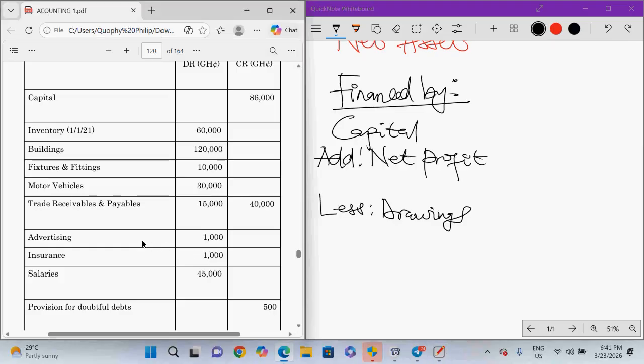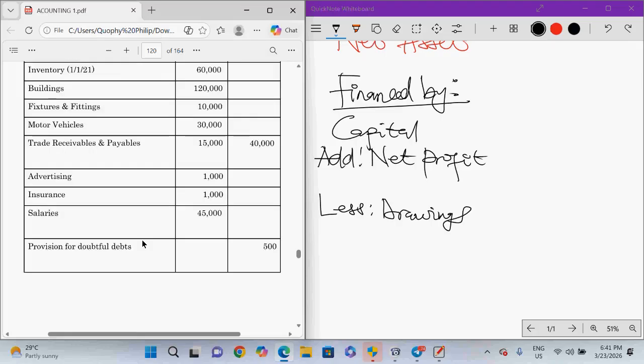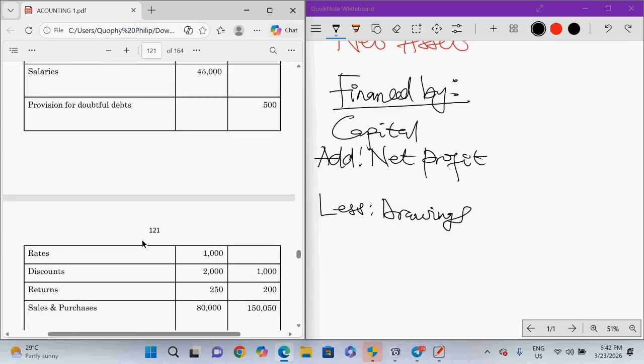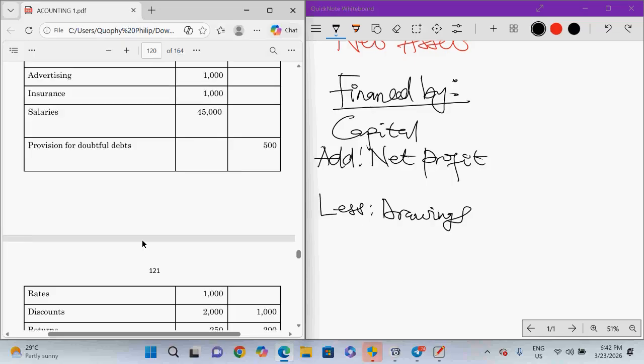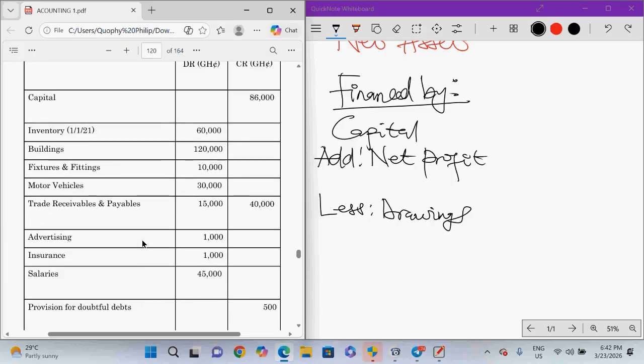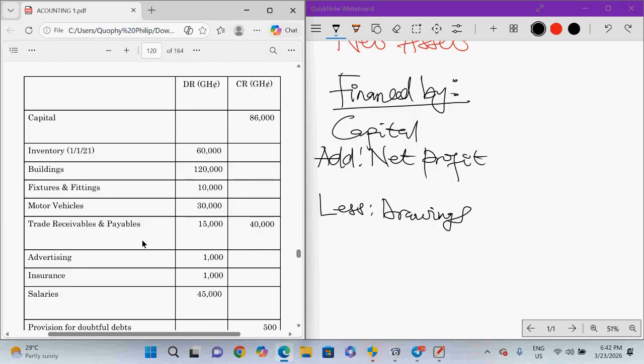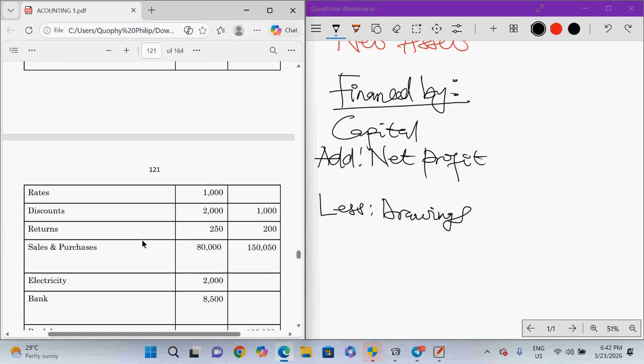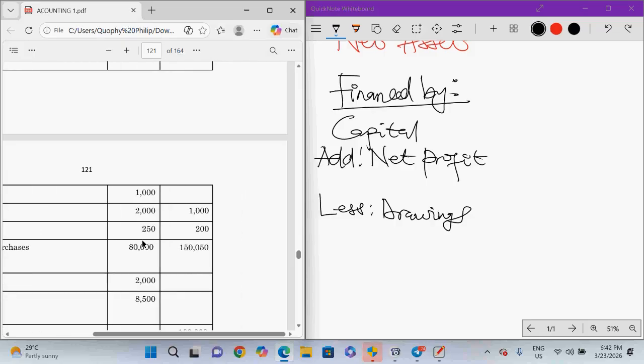Were we given drawings from the trial balance? No, no drawings. So I think the only drawings will be the 1,500.